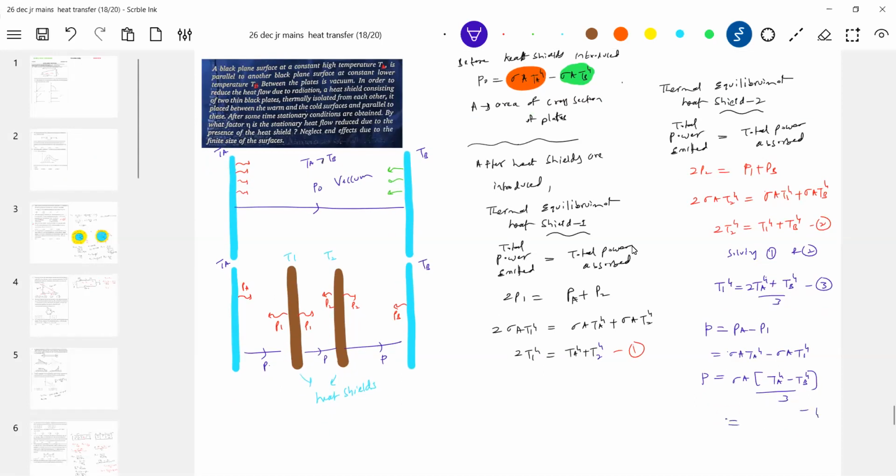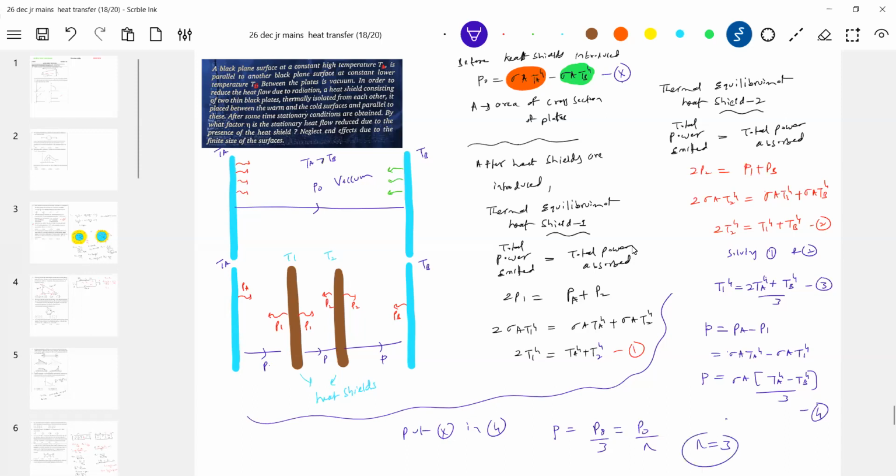Let me call this equation 5, and this equation X. Put X in 4. So how much will we get? P naught by 3. So it says the flow will reduce by eta times. So what is eta? 3. This is our answer.